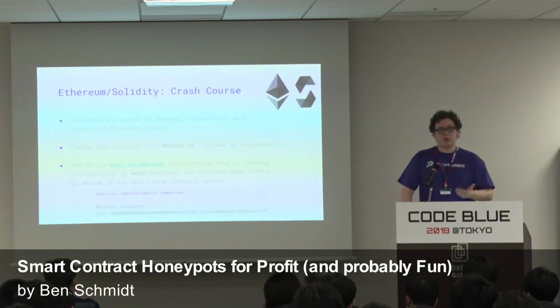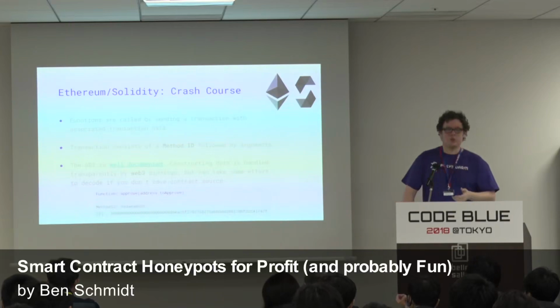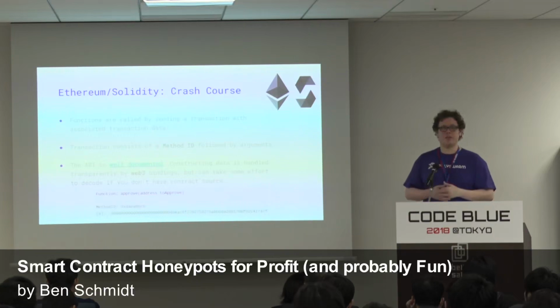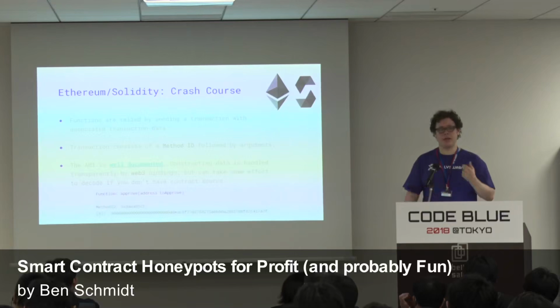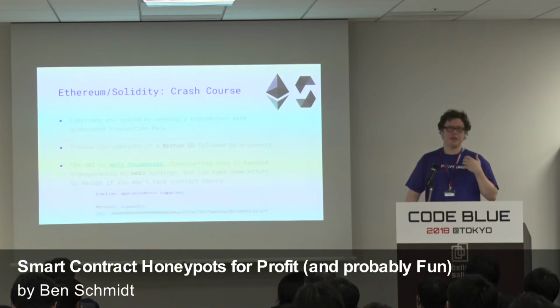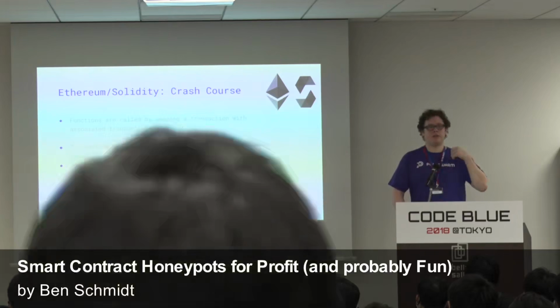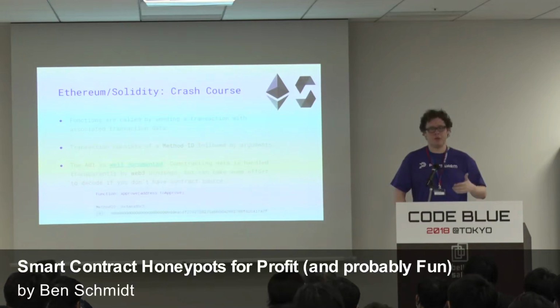So functions are called by sending a transaction with associated transaction data. Now this transaction data is pretty simple and it's well defined. It consists of a method ID, which is a shortened hash of the name of the function and the arguments of the function. After you specify that hash, you also supply encoded arguments.